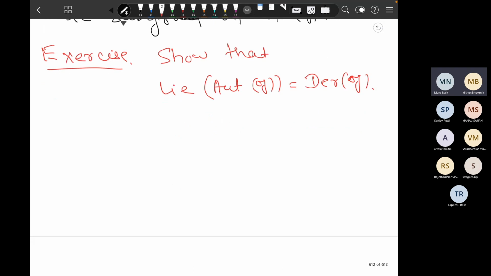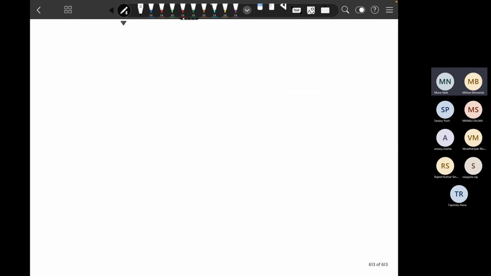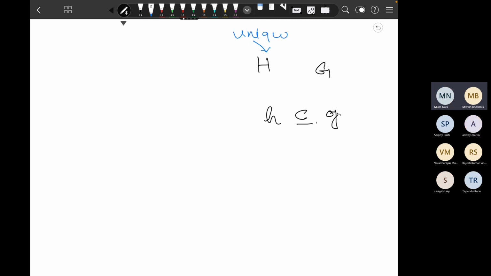Okay. Now I have told you one thing, that if G is a Lie group, and G has Lie algebra g, and suppose h is a Lie subalgebra of g, then there exists a unique connected Lie subgroup H so that the Lie algebra of H is equal to this small h.